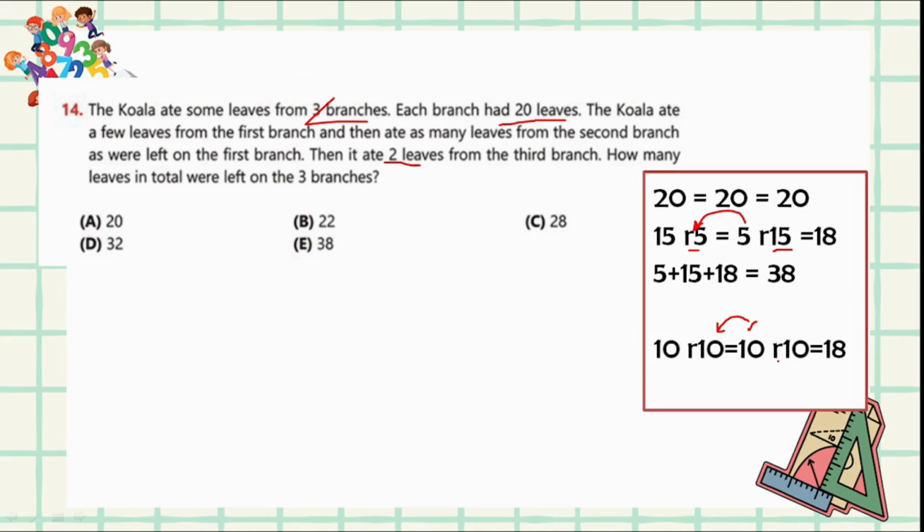So on the second branch, 10 are remaining. From the third branch, he ate 2 leaves, so 18 are left. Now the total will be 10 plus 10 plus 18, that is equal to 38. So option E is our correct option.